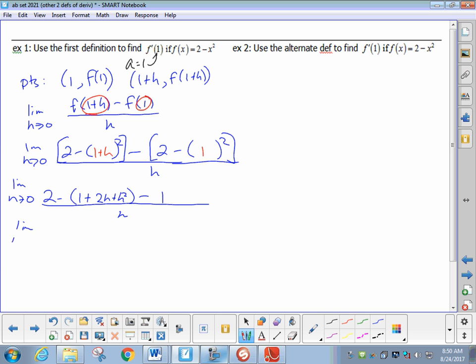Okay. Let's do a little cleanup. How does the numerator clean up? H squared plus 2h over h. Then what? Divide an h out of each term, leaving you with h plus, oh, wait a second here.